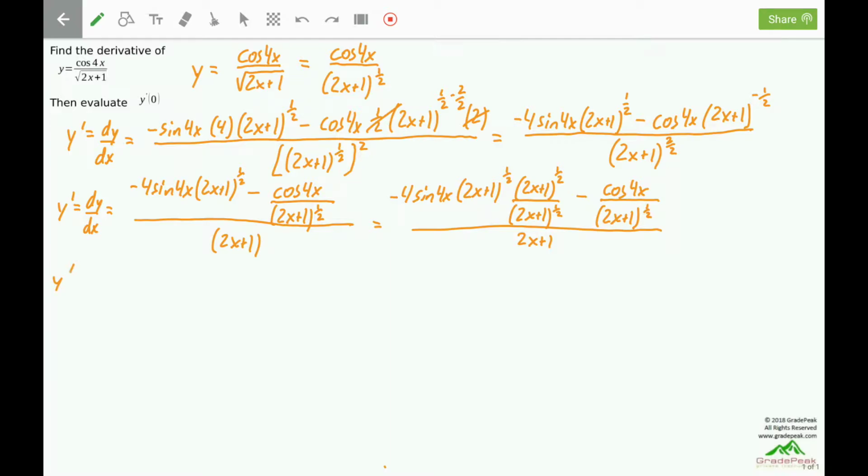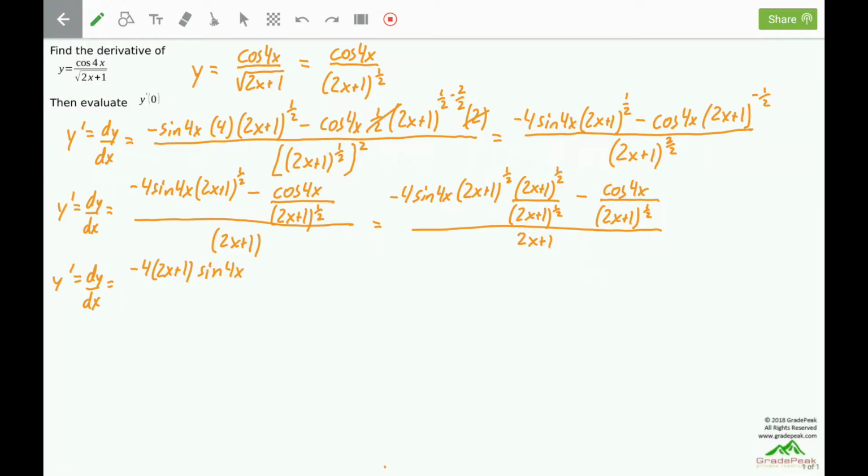So our y prime, or dy dx, will now equal, so for the numerators we're going to multiply these two. In the case of multiplying those two, you actually add those exponents, and 1/2 plus 1/2 is 1. Now I have a negative 4 already, and I'm going to put the 2x plus 1 after the negative 4, and then I'm going to write the sine of 4x after that.